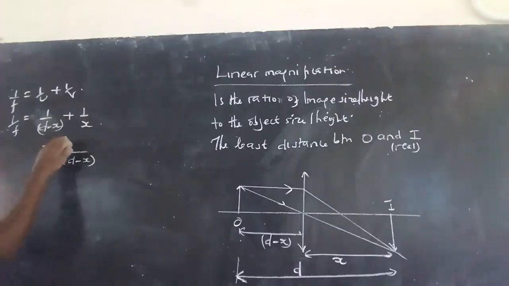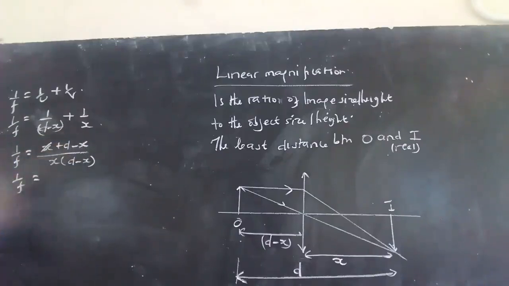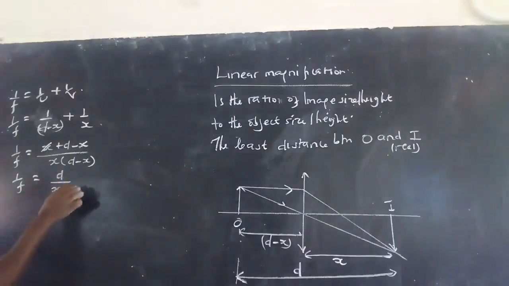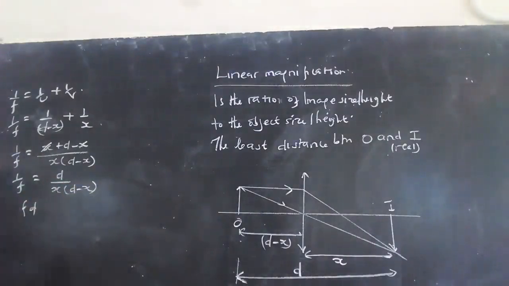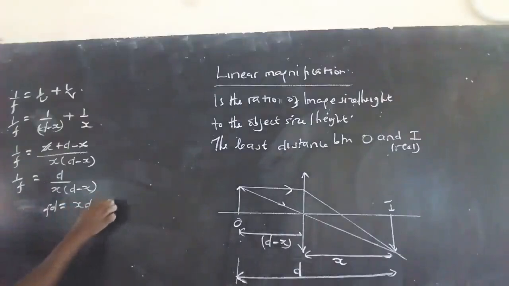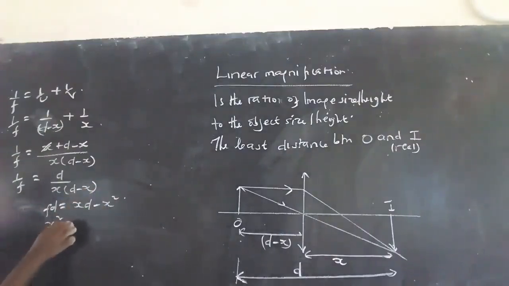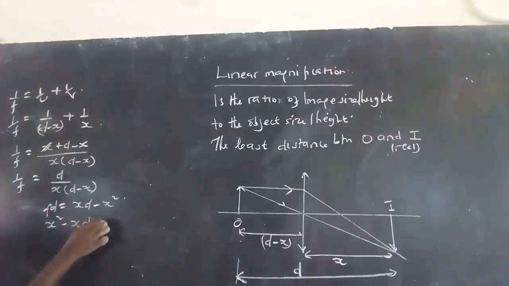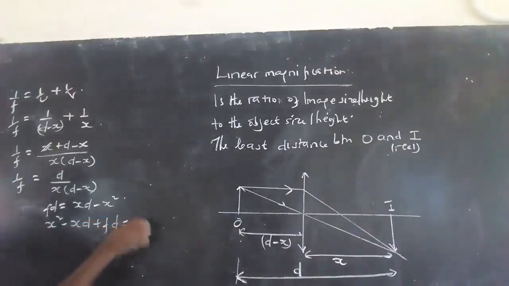This is x plus d minus x, over x into d minus x. So 1 over f will now become d over x into d minus x. So we shall say that f times d will become xd minus x squared. So that means x squared minus xd plus fd is equal to 0.